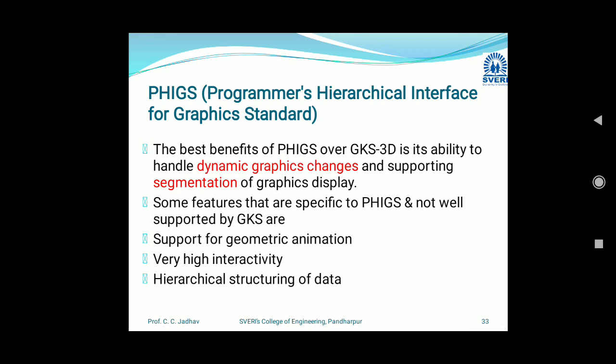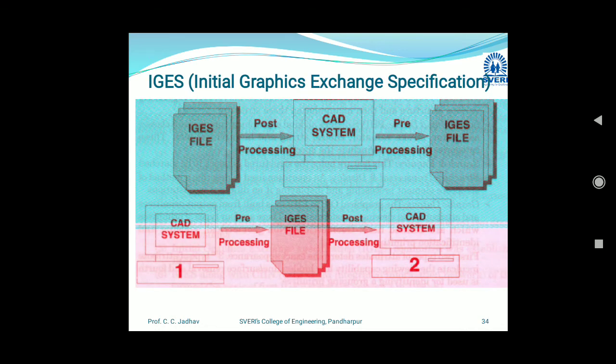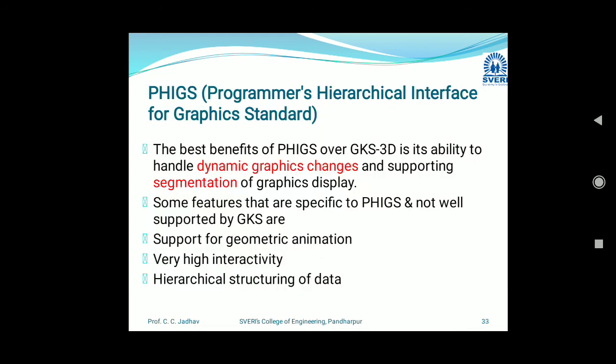In 3D, at the time of modeling or drafting, dynamic graphic changes will be supported in PHIGS, and it also supports segmentation of the graphics display. So this is more benefit over GKS 3D.